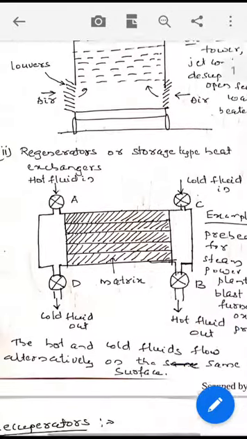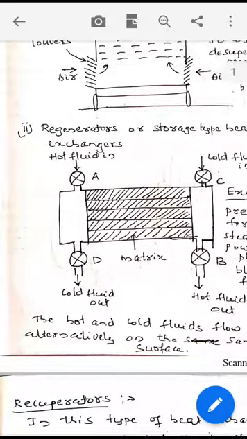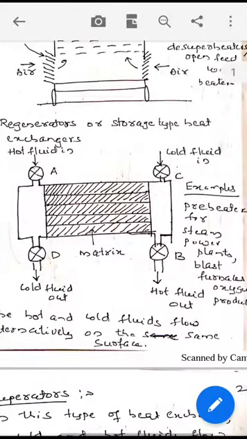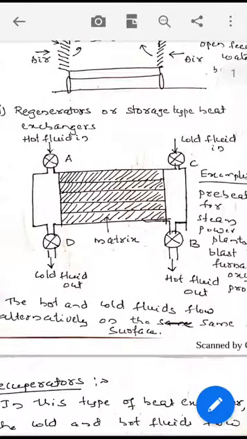Then second type of heat exchanger is a regenerator or storage type heat exchanger. Here the hot and cold fluids flow alternatively through a matrix. First, a hot fluid is allowed to flow through the matrix for some time. The hot fluid will give up its heat to the matrix.